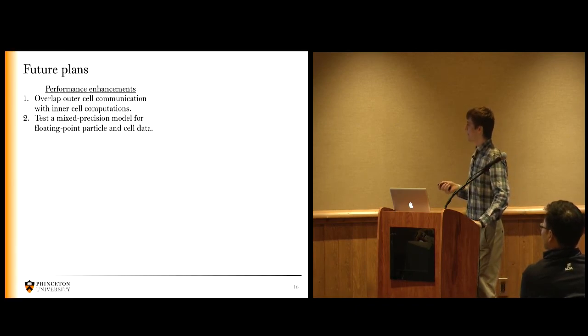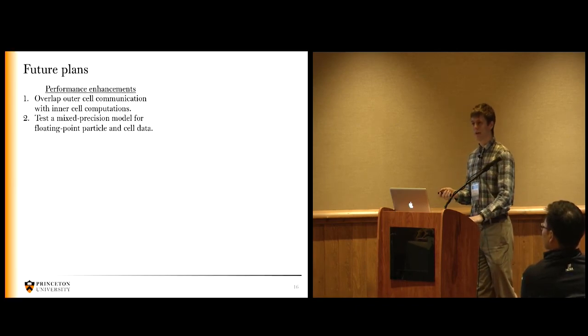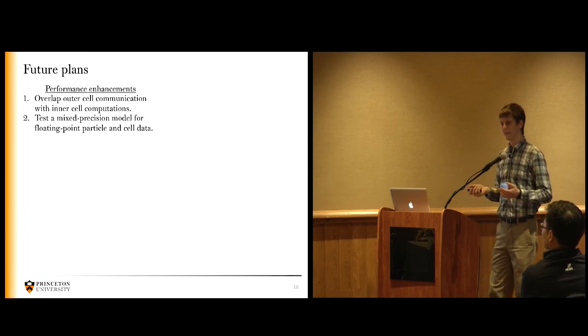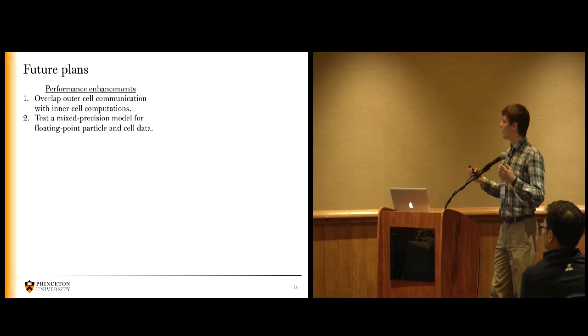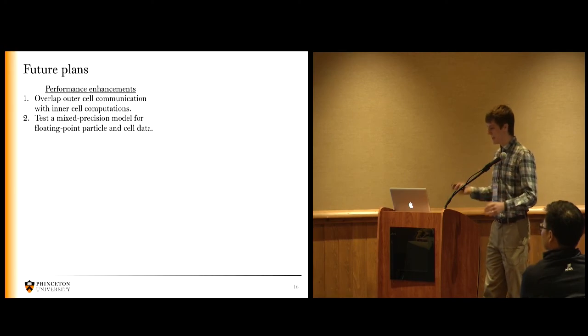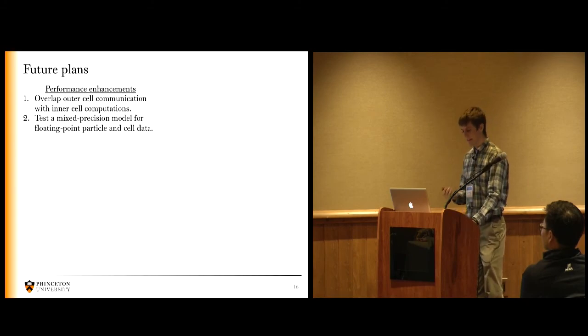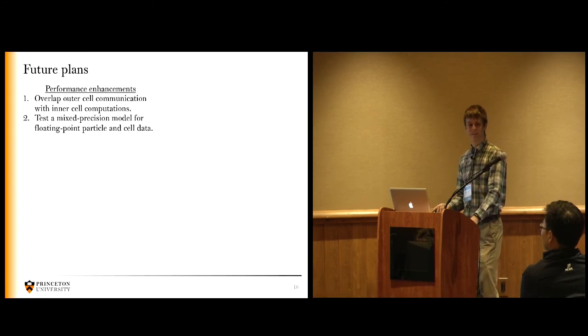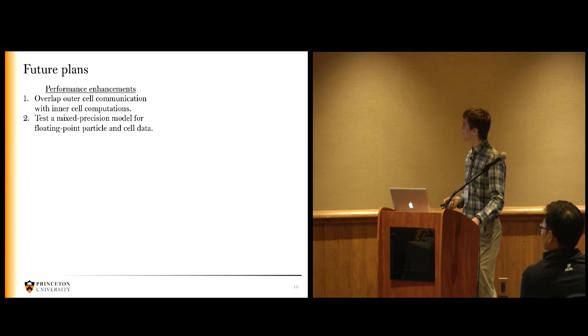And also to test a mixed precision model, where we've done all these benchmarks in double precision so far. If we could reduce the amount of data we're transferring by switching to some single precision, then we might be able to improve the performance there. But we need to test that to make sure that we have the right physics of energy and momentum conservation.